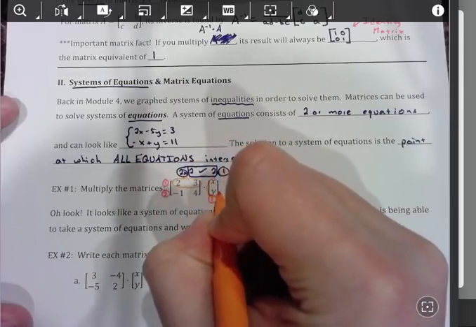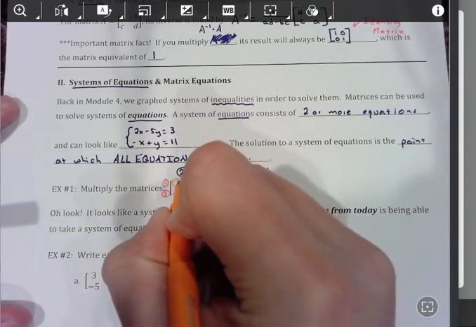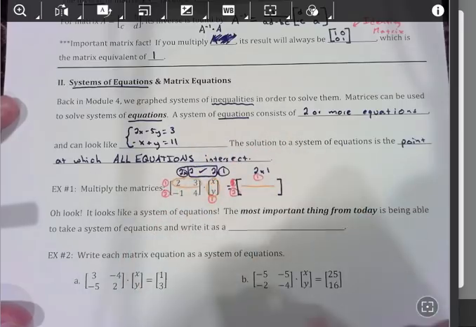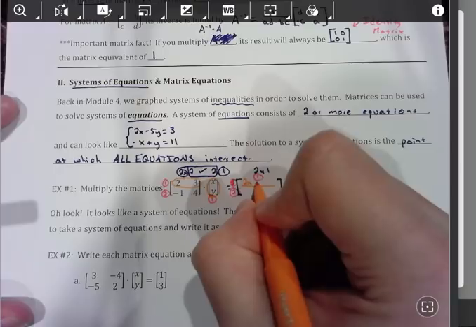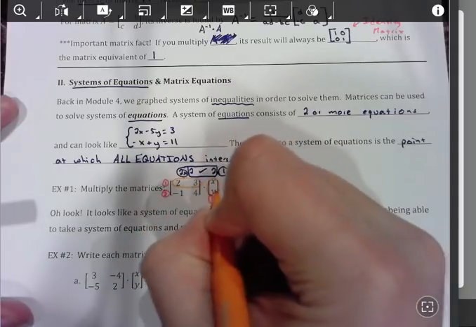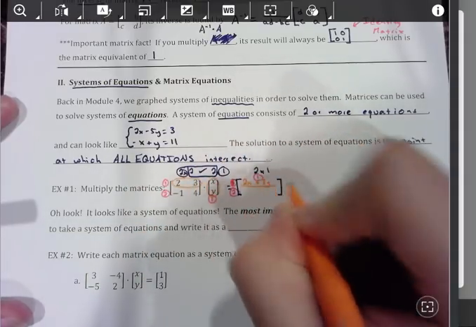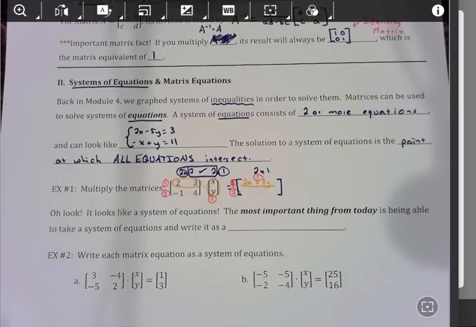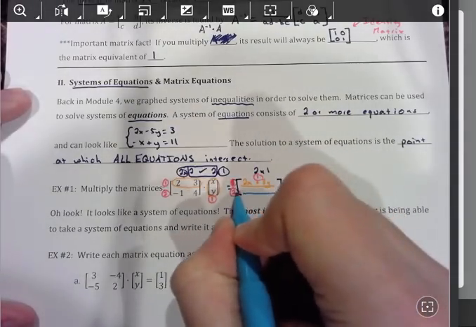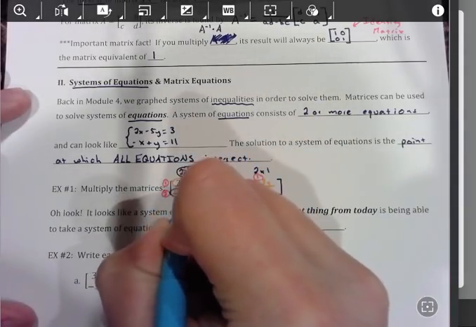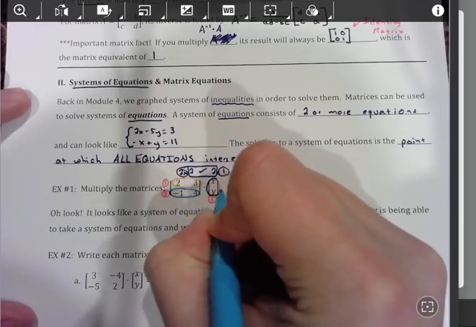So that means I need to take the first number in the row times the first number in the column, that's 2x, plus the second number in the row times the second number in the column, 3y. All right, that's not so bad. Then to figure out what goes in row 2, column 1, I take row 2 and I multiply it by the column.